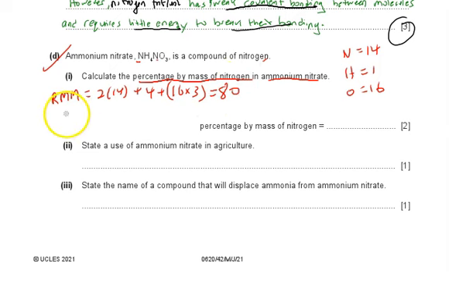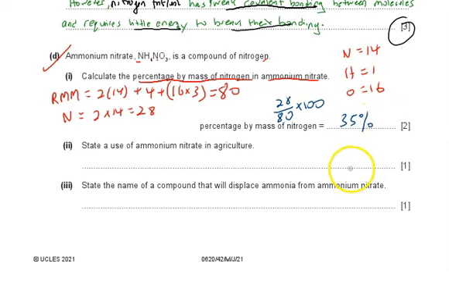And if you look at nitrogen, you have 2, which is 28. To calculate the percentage, you just have to calculate 28 divided by 80 multiplied by 100, which gives you about 35%. State the use of ammonium nitrate in agriculture.